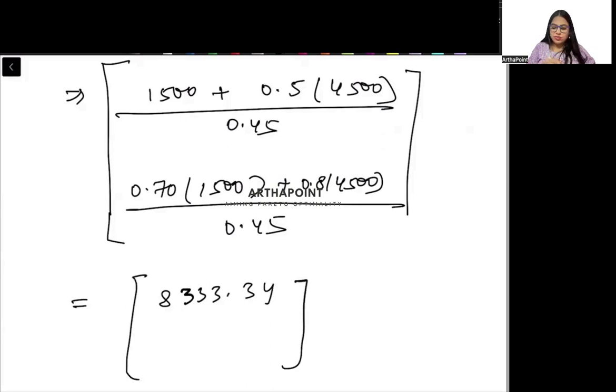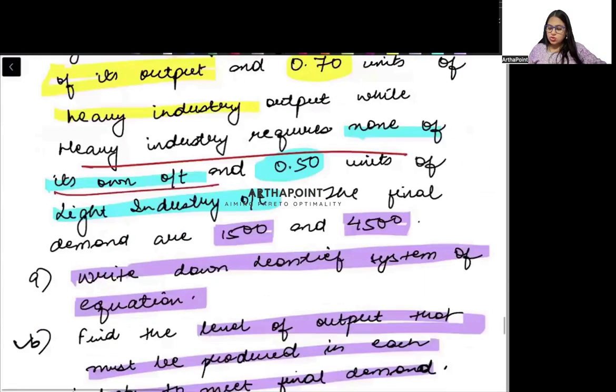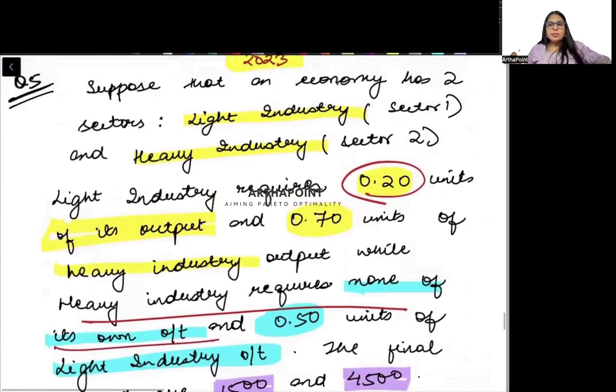And 1500 into 0.70 plus 4500 into 0.8 divided by 0.45 is 10333.34. So these would be your final values of X1 and X2: 8333.34 and 10333.34. Right? So this is the answer to this question, beta. Okay, beta. Thank you.